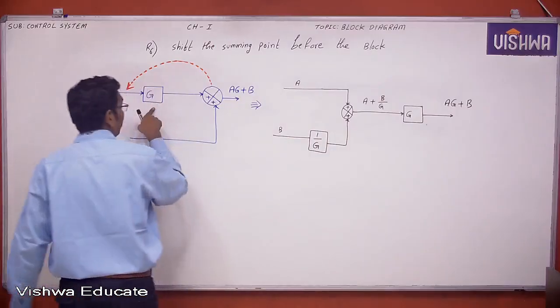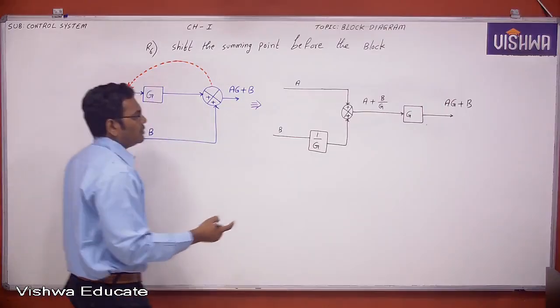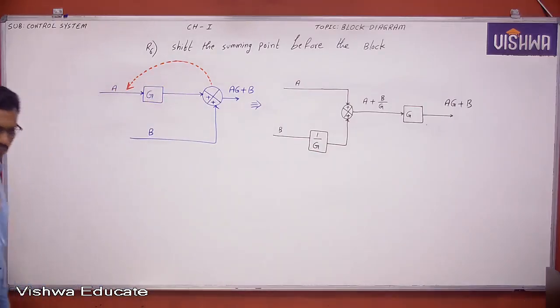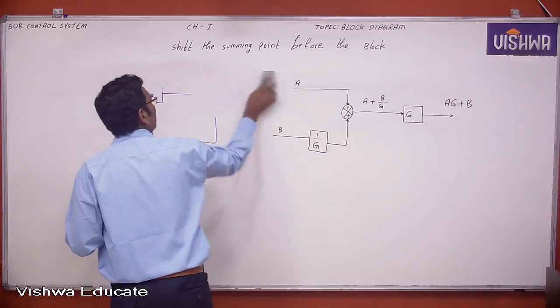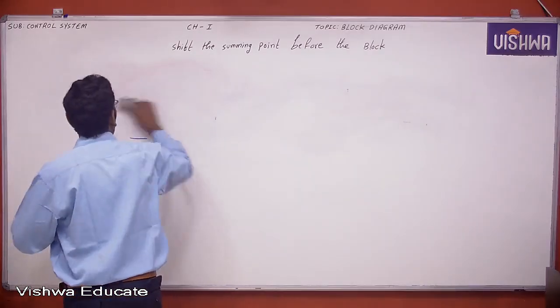This block will be removed and this path will add a gain of reciprocal, and your summing point is shifted before the block. Okay. So use these rules and regulations to simplify the block such that you can easily find the transfer function.